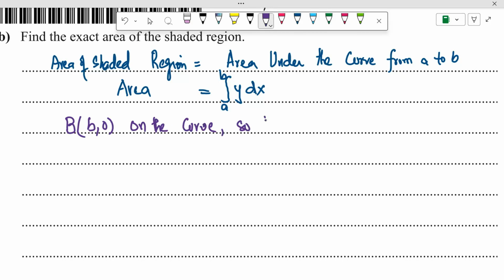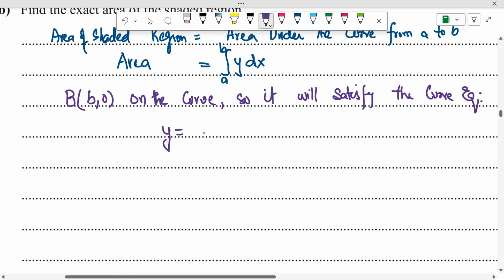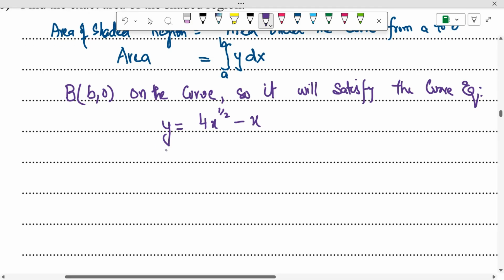So it will satisfy the curve equation, y equals 4x to the power of half minus x. Since this point satisfies the curve, 0 equals 4 times b to the power of half minus b.